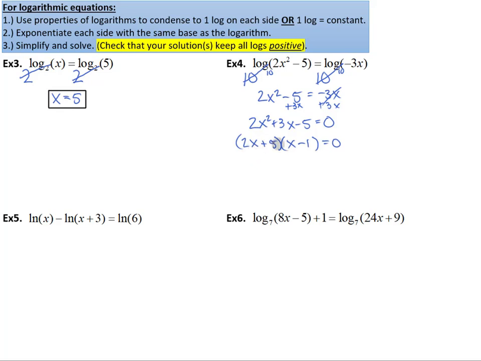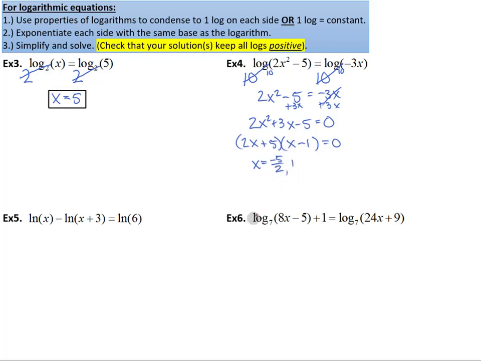It's 2x plus 5 and x minus 1. You'll get your 2x squared, a negative 2x, and a positive 5x, which will give you the correct middle term. And 5 and negative 1 is negative 5. So this is nice. We set each factor equal to 0. From this factor, when we subtract 5 and divide by 2, we should get negative 5 halves. And from this factor, we get 1.